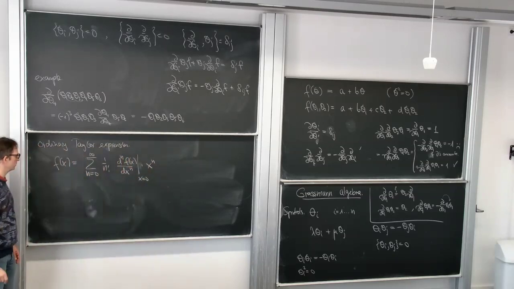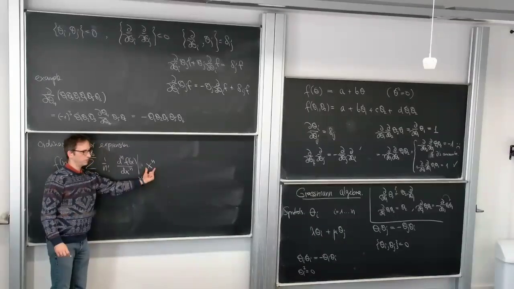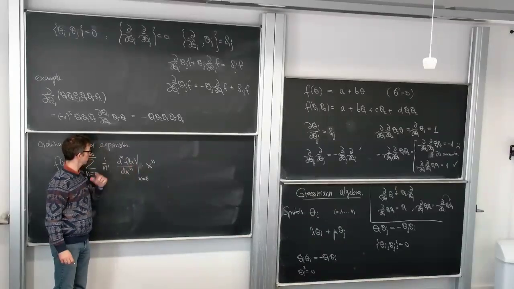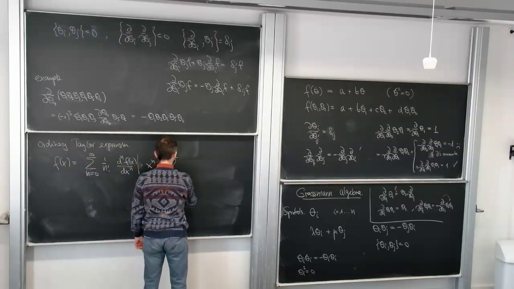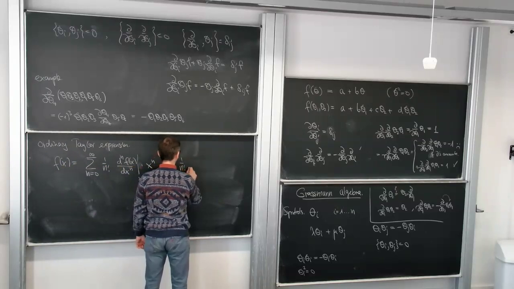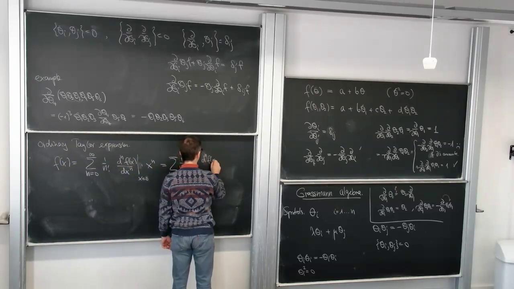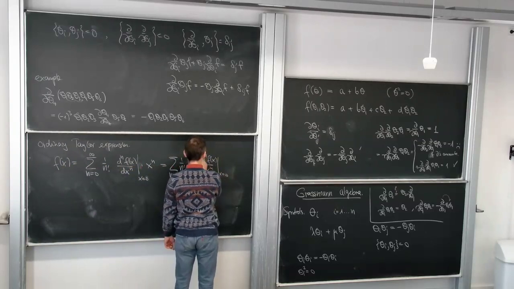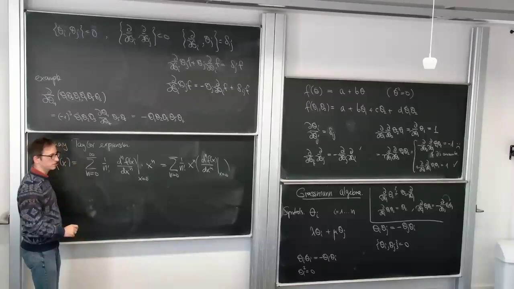So I'm expanding about x equals 0. And the variables go to the right of this. Or maybe you'd like to write it the other way: one over n factorial, x to the n, d n f dx n. And it is the same thing.